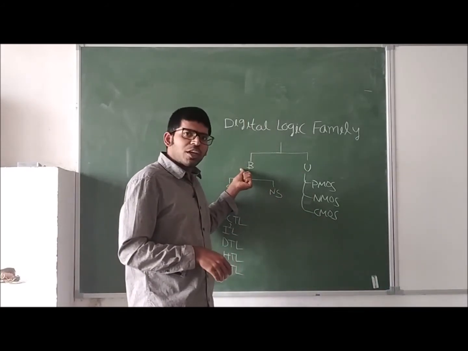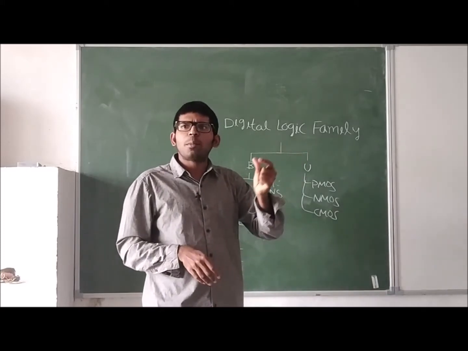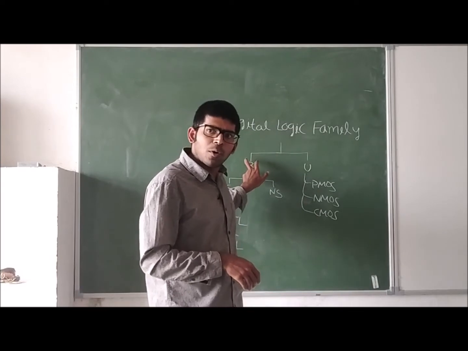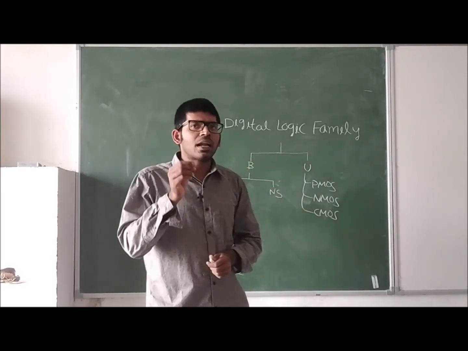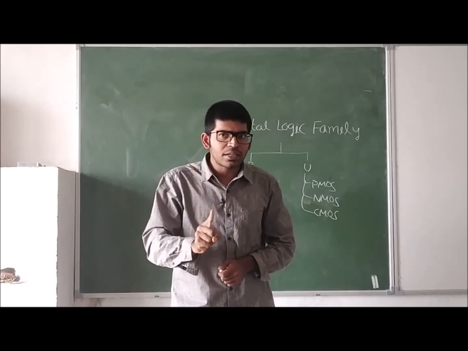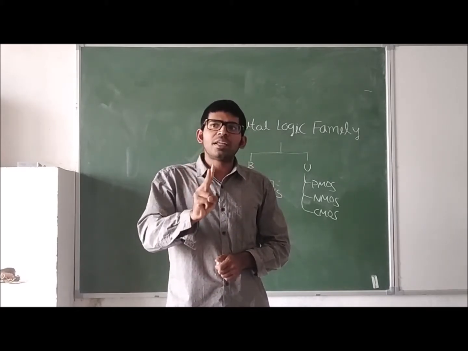In the second way, we can manufacture these digital logic family devices using bipolar devices. In bipolar devices, the current is due to two charge carriers: one is majority carriers and the second is minority carriers.